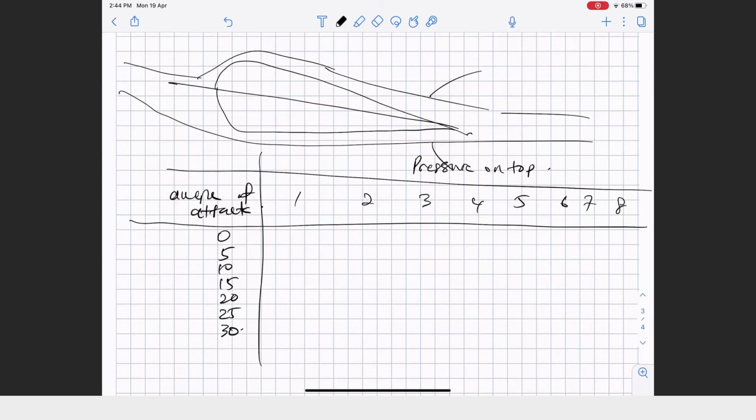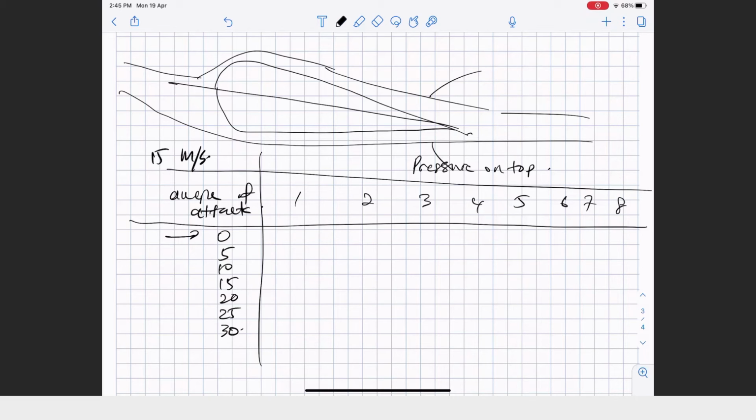So basically what you do is first you run the experiment with 0 angle of attack. Let's say that the velocity of the air going into the wind tunnel is 15 meters per second. 15 meters per second is about 45 kilometers an hour, if you want to try to imagine it.